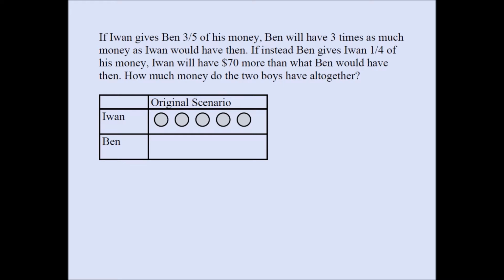Now, based on the question, we're going to figure out how many circles should be used to represent Ben's original money. So let's argue it this way. Ivan gives Ben 3/5 of his money.